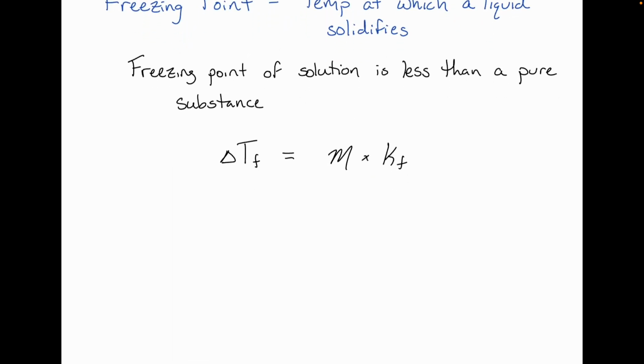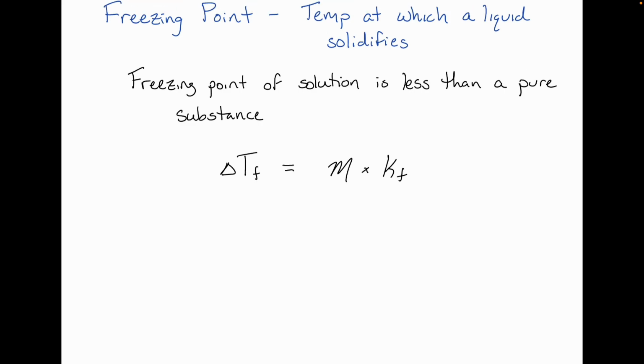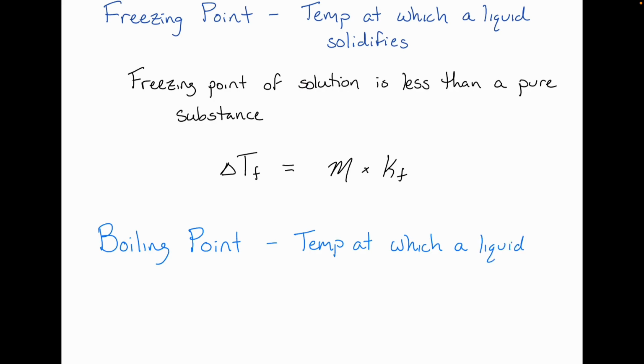All right, and we're talking about freezing. Now we're going to talk about the other direction, the boiling point. This is the temp at which a liquid goes to the gas phase.